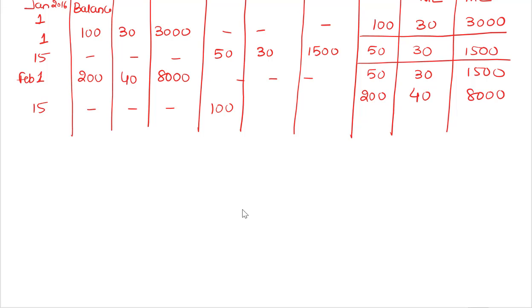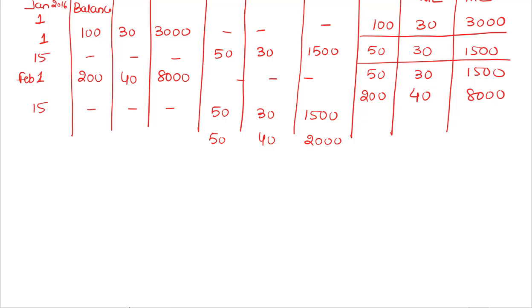So as per the FIFO method, we need to issue 100 units, but 100 units would not be issued like this. 50 at the rate of 30, 1500 would be issued, and then 50 from this 200 will be issued. This 50 is gone. So from this 200 we will issue 50, 40, 50 multiplied by 40, which is 2000.